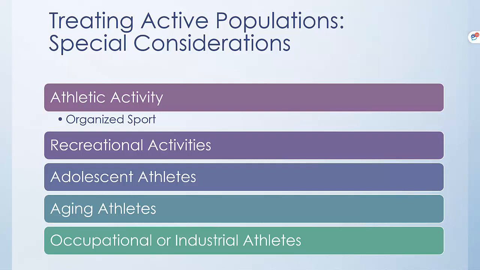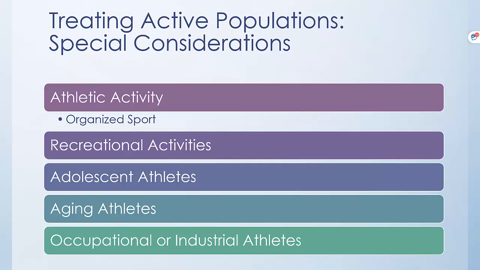Recreational activity is sometimes less organized or may involve individuals that are slightly less trained than athletic activity participants. All activities require physical skills that utilize strength, power, endurance, speed, flexibility, range of motion, and agility in different ways, so it's important to understand the differences.